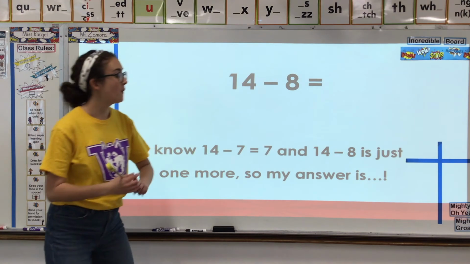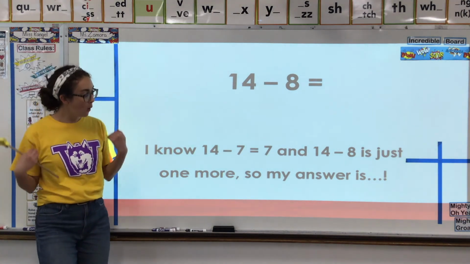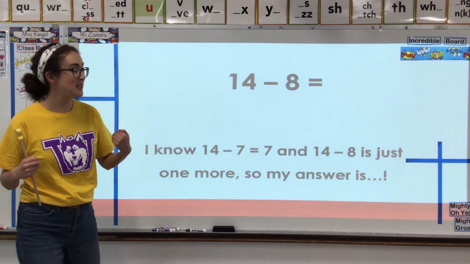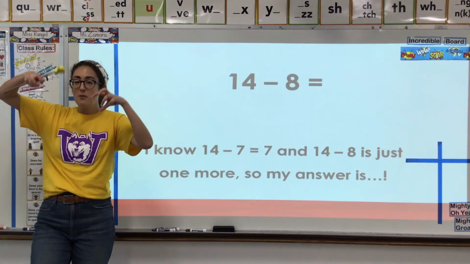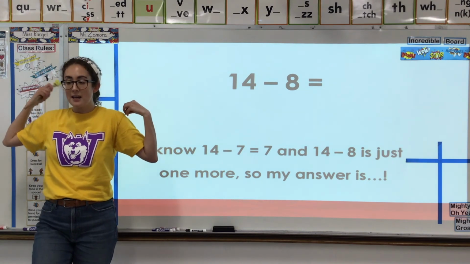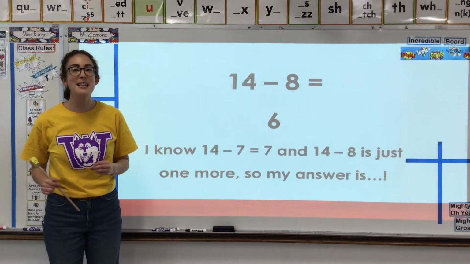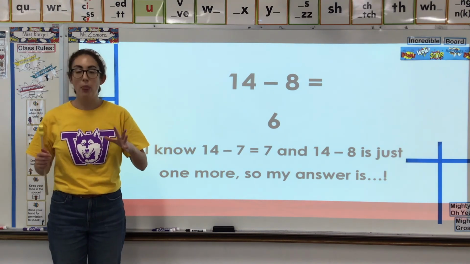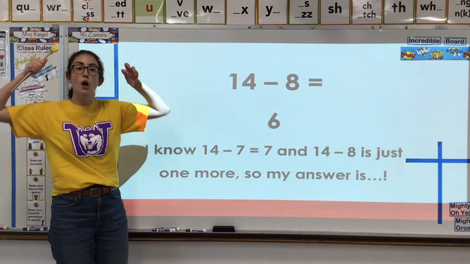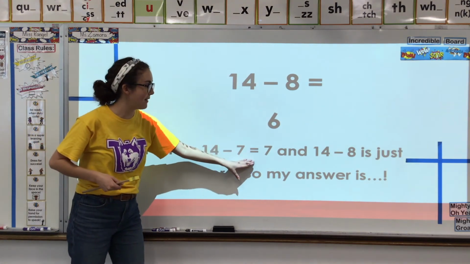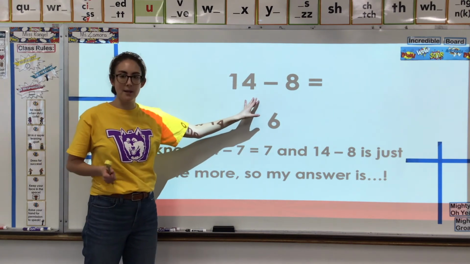And take away more, what will you get? 6. Our answer is 6 because we took more away from 7. 14 minus 8 equals 6.